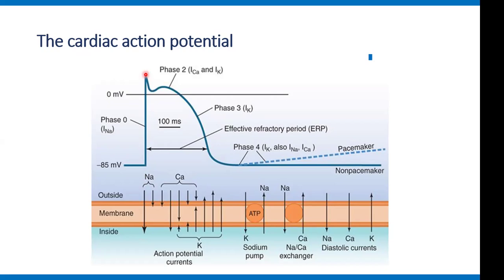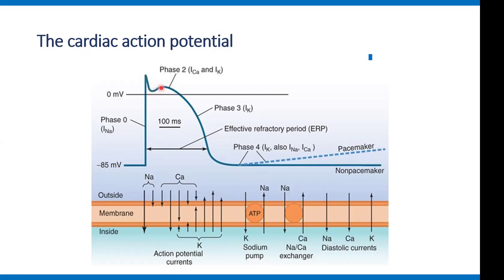And once they are inactivated, because the other channels are also working somehow, there is a slight dip because they have been closed or deactivated. So what that means is that the flow of positive ions into the cell has ceased. So you have a dip in the membrane potential, just to about 0.